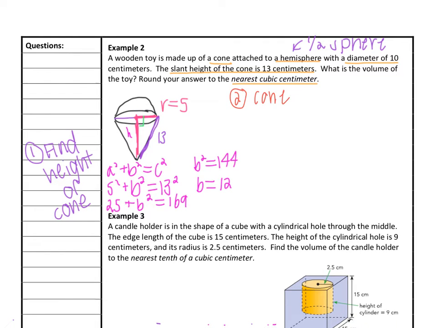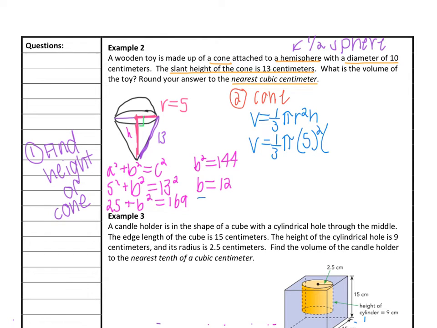So again, from our formula sheet, we know that the volume of a cone is given to us. V equals 1/3 pi r squared times h. So let's plug in 1/3 pi. Our radius was 5, so 5 squared times our height.